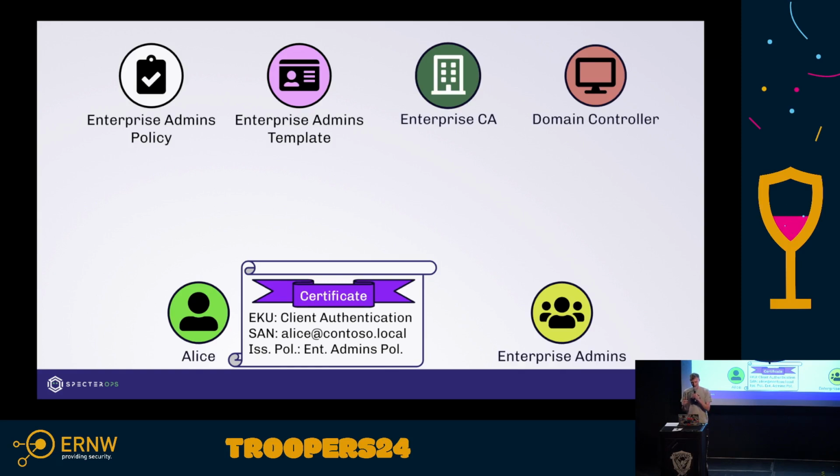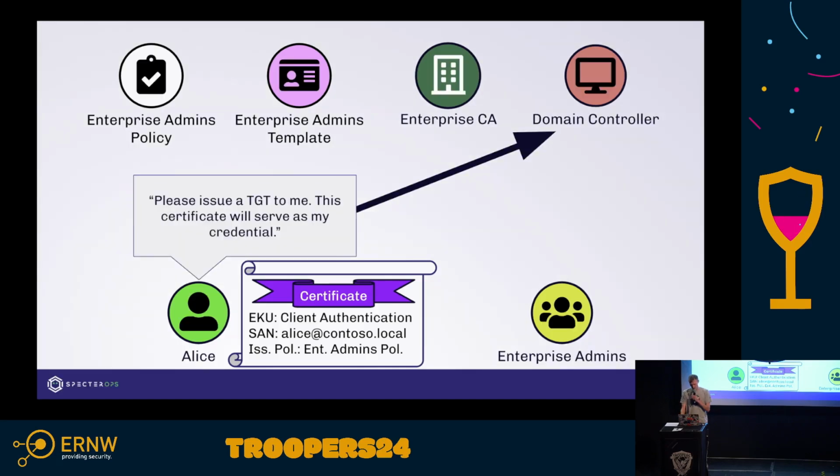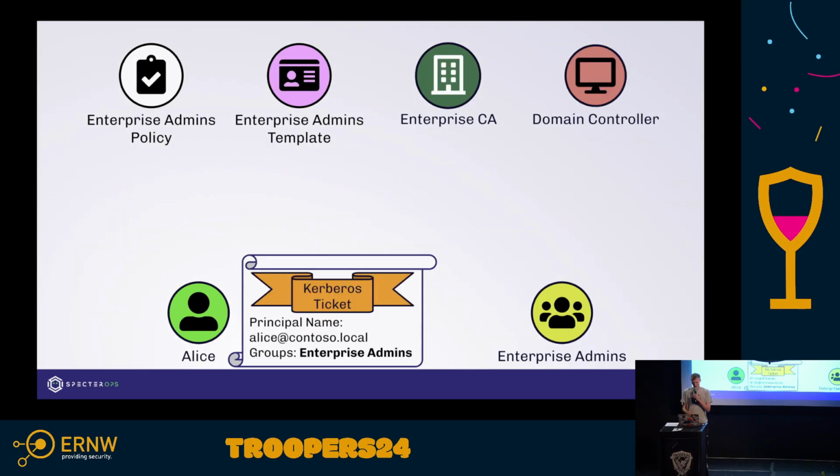So when Alice authenticates using this certificate, she gets a Kerberos ticket with a membership of enterprise admins. So despite not being in the group, she can act as a member of the group. It is a cool functionality that Microsoft have made to enforce that you authenticate using a smart card in order to act as an enterprise admin, for example.